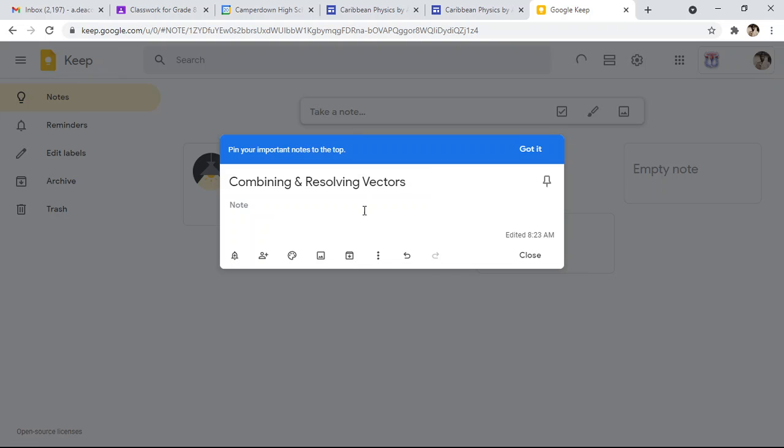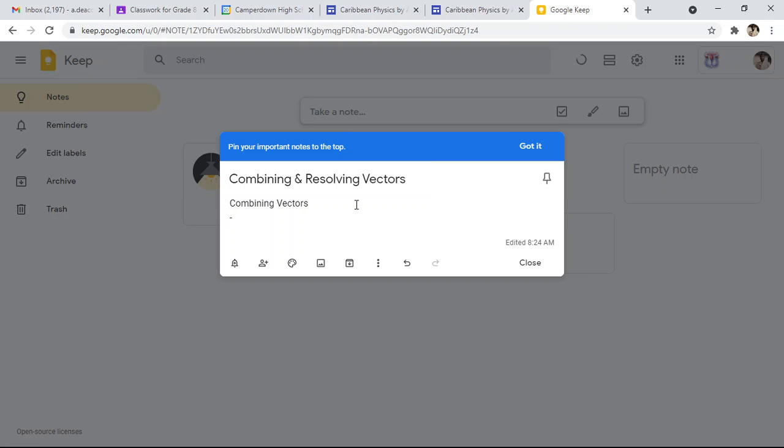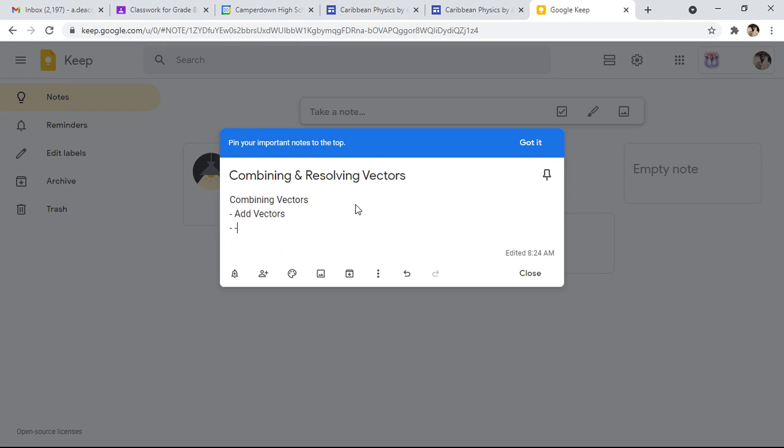In combining vectors, we can add the vectors, and we can also subtract the vectors.